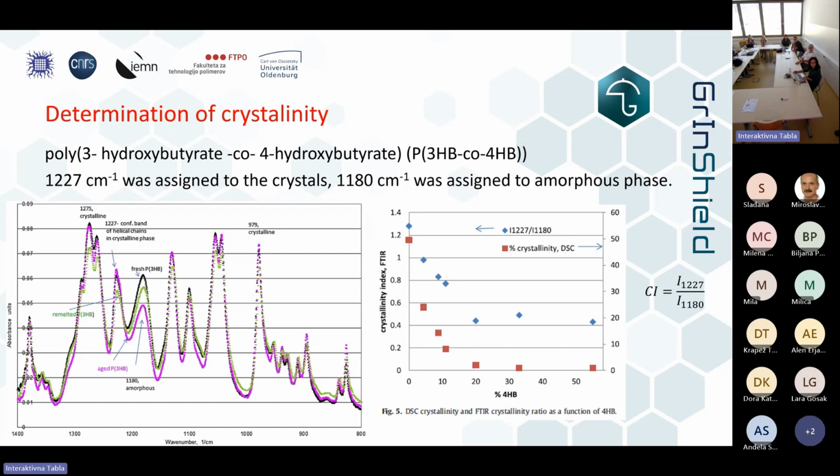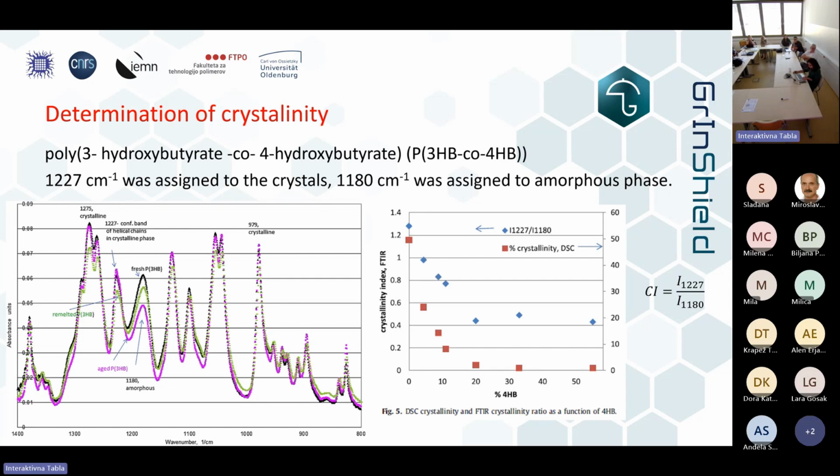So here we see the determination of crystallinity of poly 3-hydroxybutyrate and copolymer with 4-hydroxybutyrate. These are biopolyesters, and they assigned a signal of crystals to 1227 centimeters, and the band at 1180 was assigned to amorphous phase.